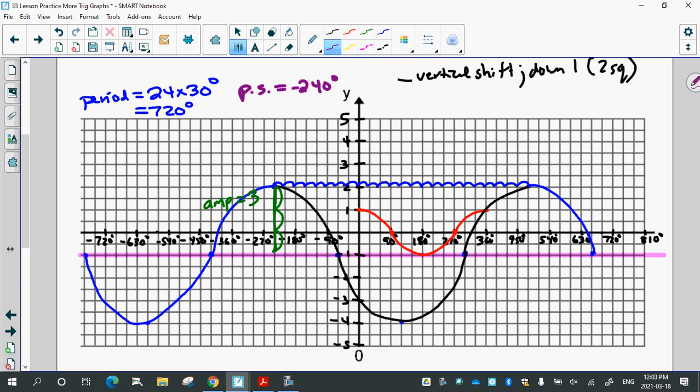And then you have to do domain and range. So the leftmost I went is 2 squares before negative 720, so that's going to be negative 780, because each square is worth 30.